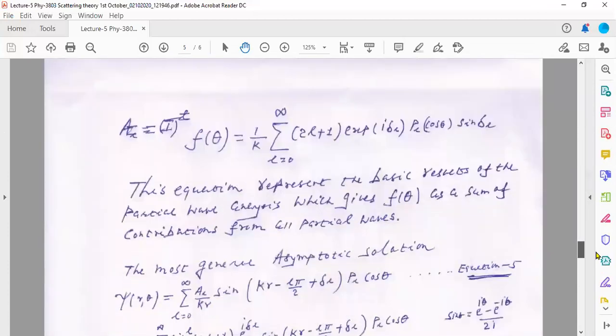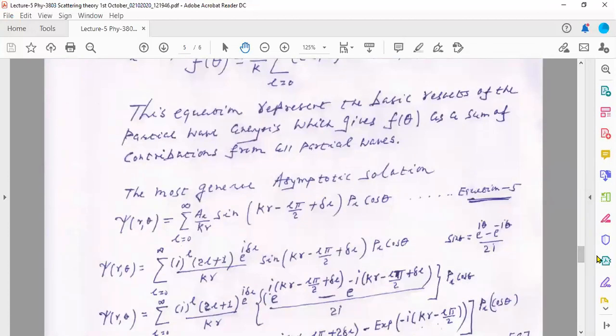I write it down: divided by kr, sine of kr minus L pi by 2 plus delta L, P L cos theta. So this is your expression which you know, right?